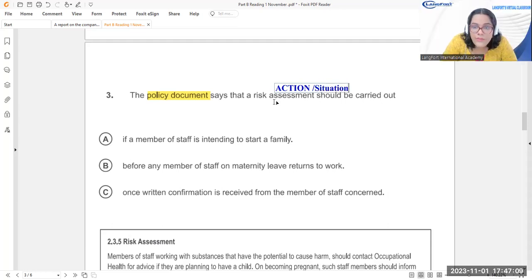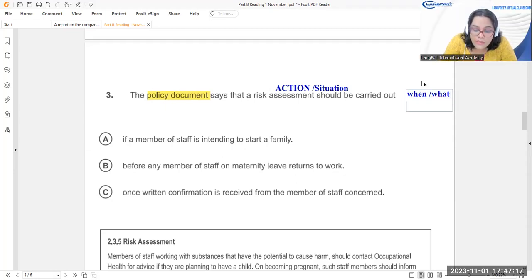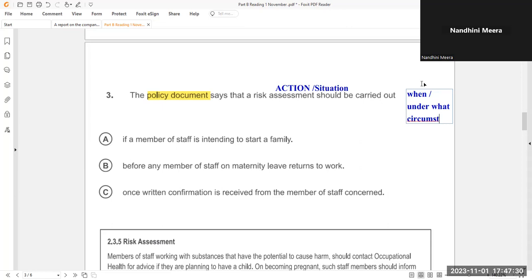Situation. So what are we looking for? It should be carried out when, or under what circumstance. So they have given a situation, and we are looking for the complementary situation, under what circumstance.